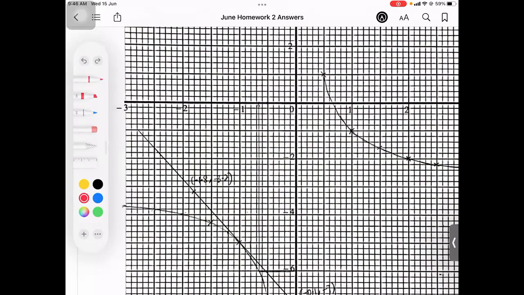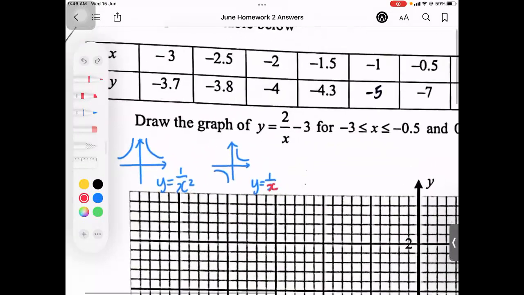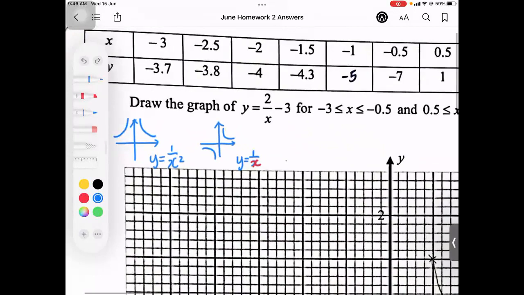There's no value for it. Then I shall continue. This is x to the power negative 2, x to the power negative 1, this is x to the power 0. So y equals to just a number. x to the power 0 is just a straight line.